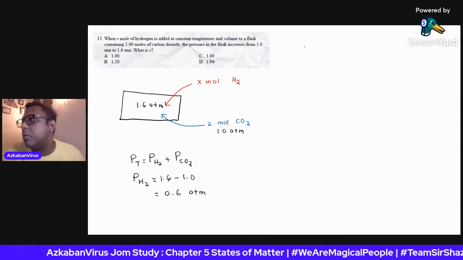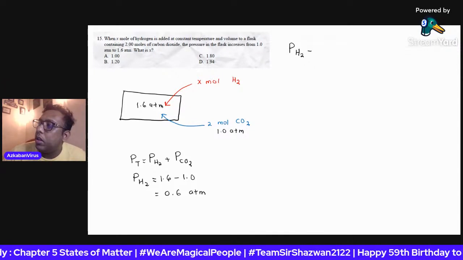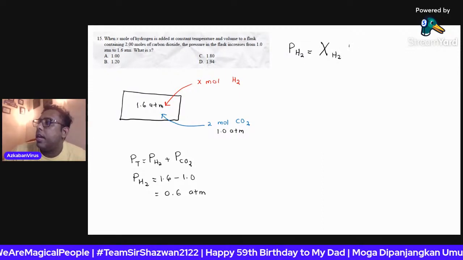Kita boleh katakan bahawa pH2 is equal to mole fraction of H2 darab P total.